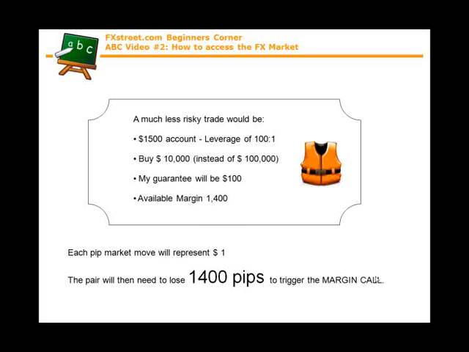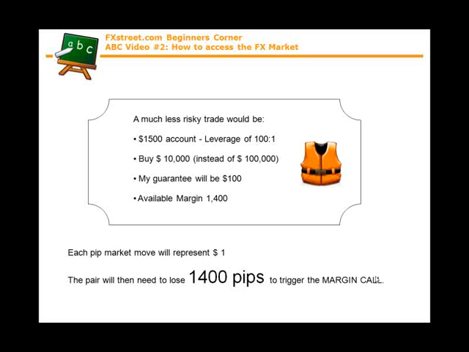And in that case, my warranty will be of just $100, leaving 1,400 free. In this case, each pip market moves will represent just $1, and the pair will then need to lose 1,500 pips to trigger the margin call.